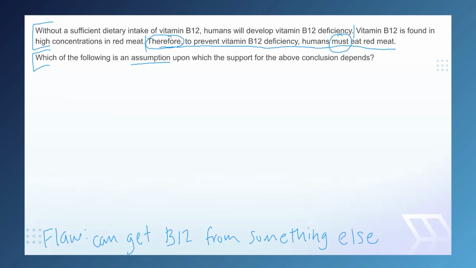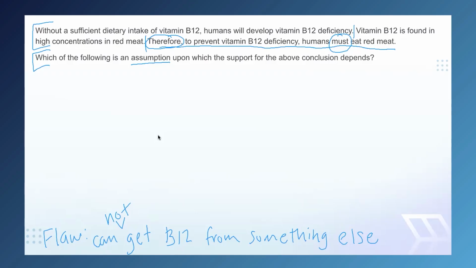Now, with strengthen and assumption questions, we are trying to do the opposite. We are trying to fix the flaw to make the argument better. So instead of saying we can get B12 from something else, we're saying we can not get B12 from something else. The difference between strengthen and assumption questions is how far they go in fixing that flaw. With strengthen questions, we can do all sorts of weird and extreme things to fix the flaw to make the argument better.